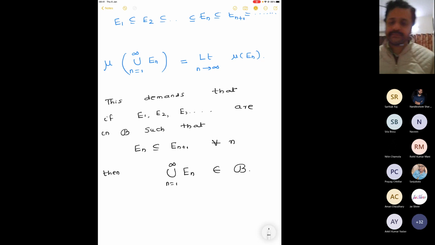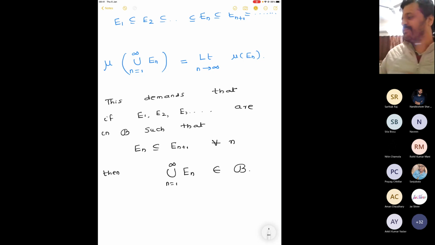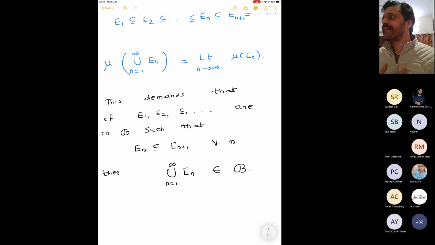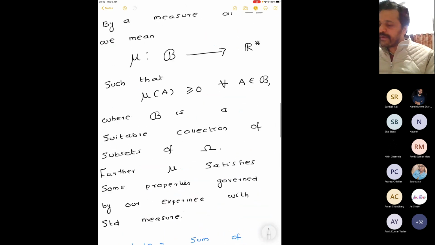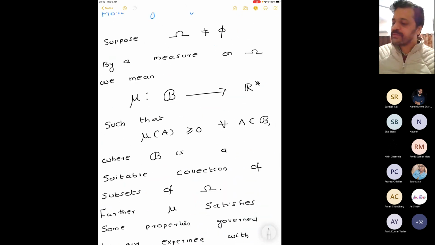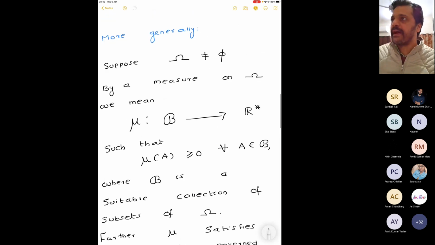So far, so good. Yes, sir. So let me tell you what we are trying to do. We are trying to get a generalized version of length, area, volume, etc. Put in mathematical language, we are looking for a function mu from a suitable set B to R star, where B is a collection of subsets of omega.